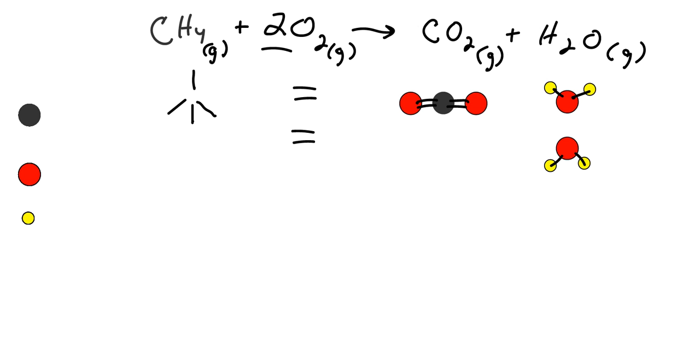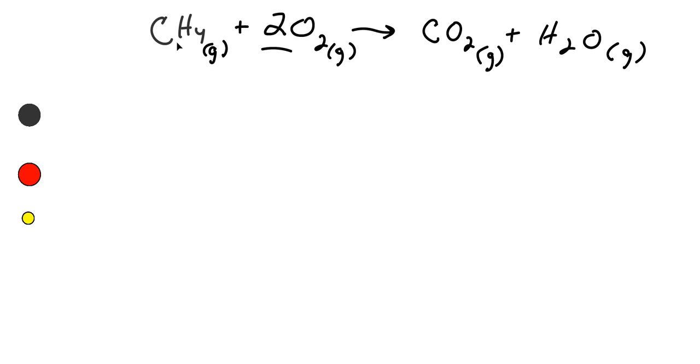And what we can do is, here, let's get rid of all this stuff out of the way. Delete, boom. So if we start here, we got one carbon and 4 hydrogens. Here we got 2 times 2 or 4 oxygens on the reactant side.